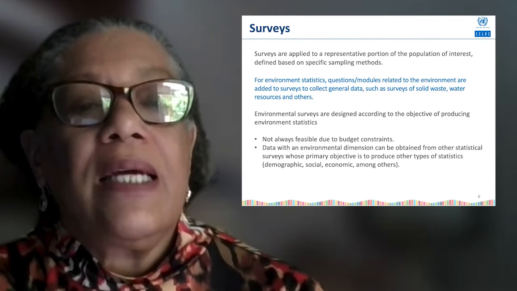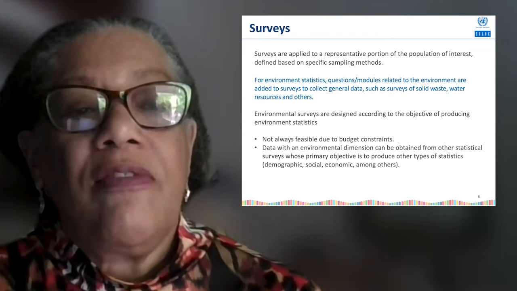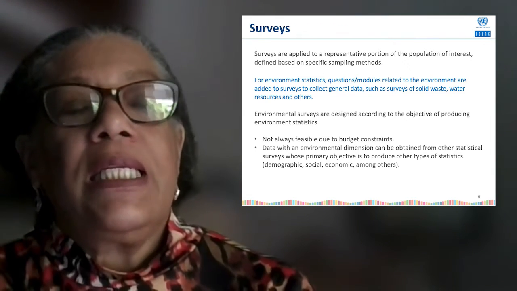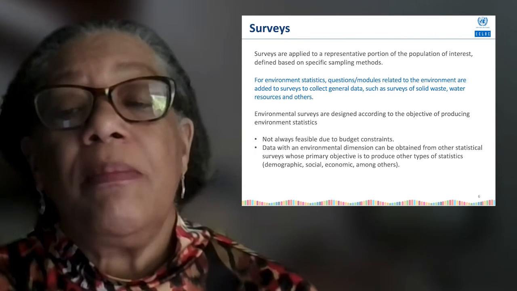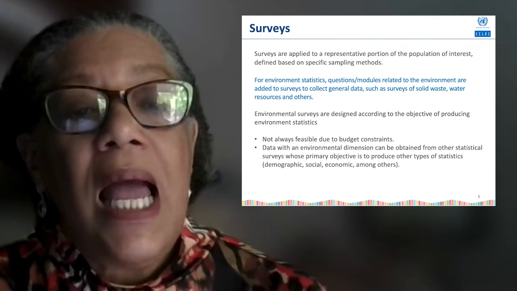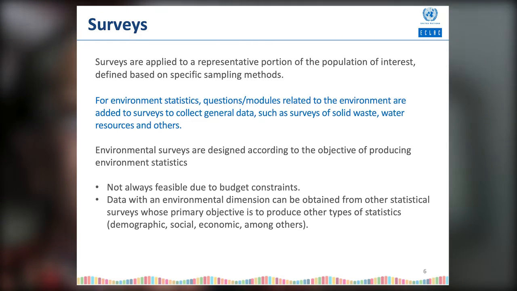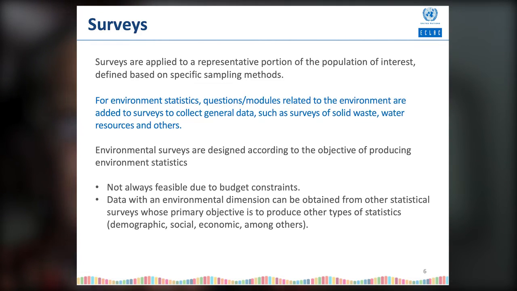Environmental surveys are designed according to the objective of producing the environment statistics. Unfortunately, these are not always feasible due to budget constraints, and data with an environmental dimension can sometimes be obtained from other statistical surveys with the primary objective to produce, for example, demographic, social, and economic types of statistics.